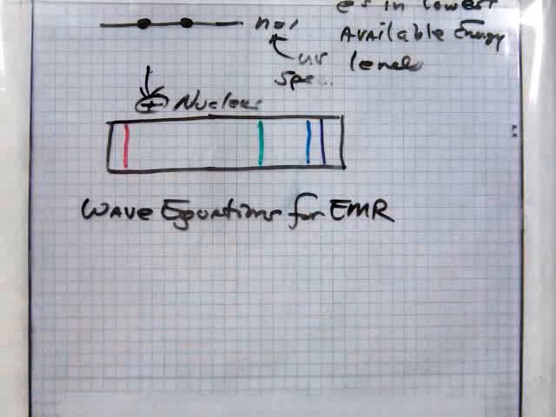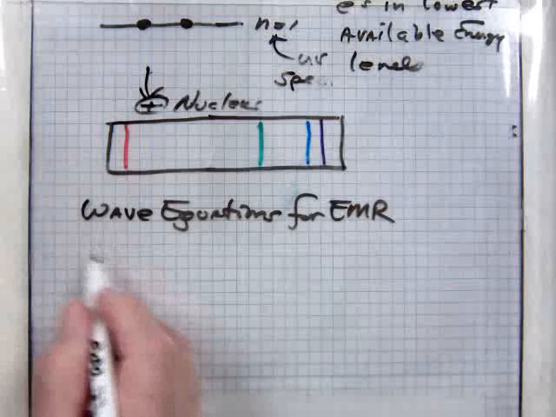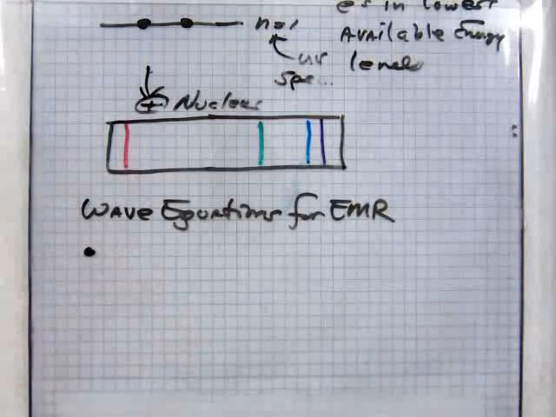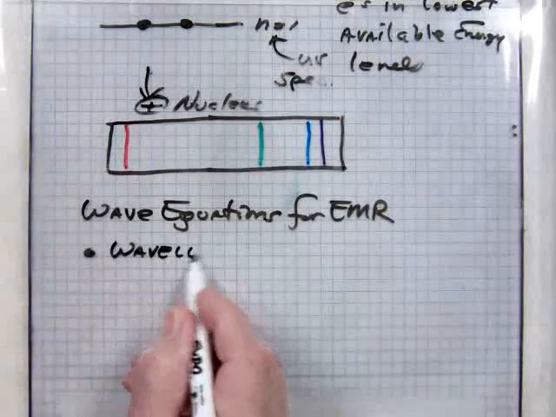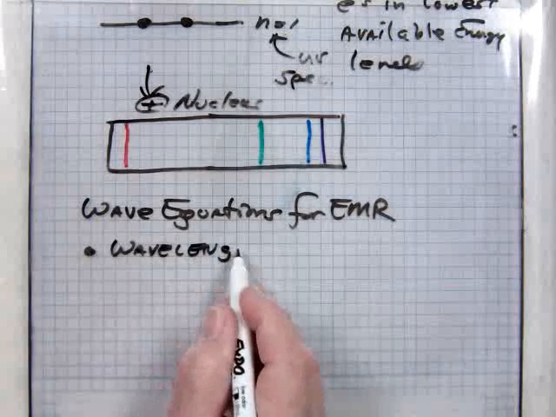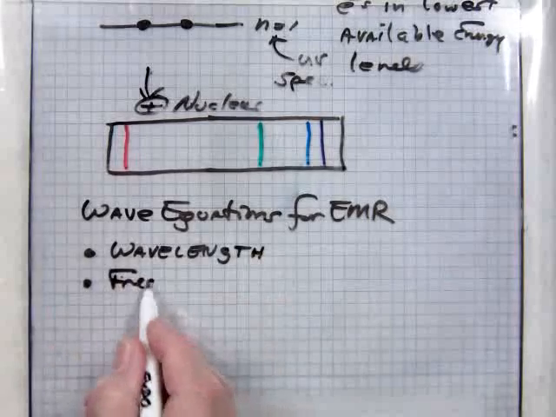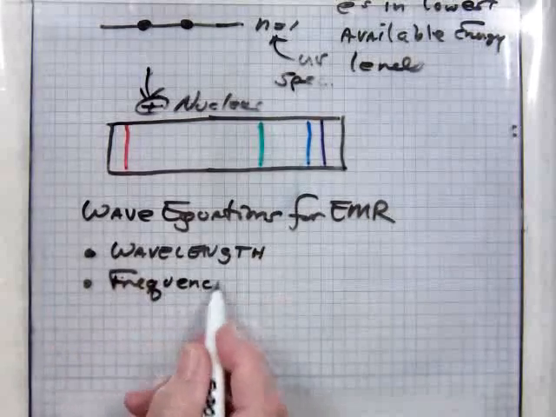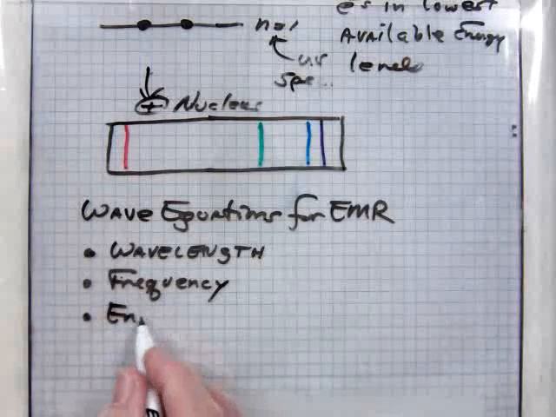Light is electromagnetic radiation. Now, the wave variables include wavelength, frequency, and energy primarily.